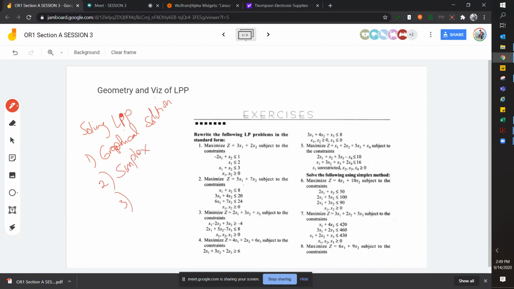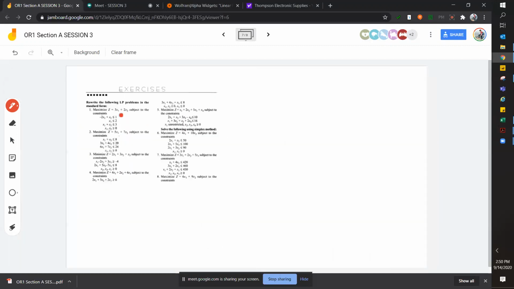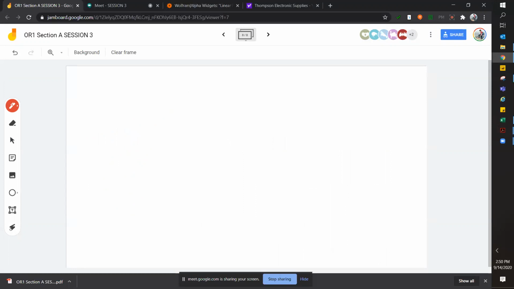And number 3, syempre, applications or programs, sama-sama na sila or solver. So, first, we'll try to solve graphical solution.